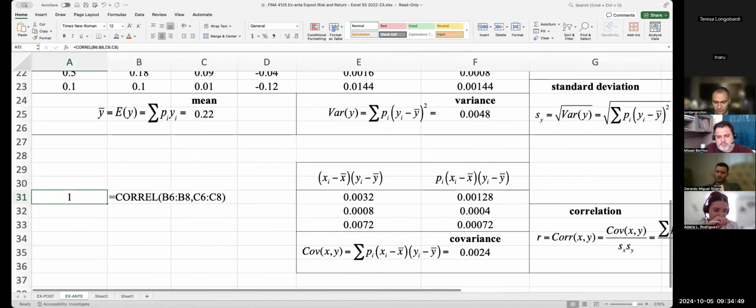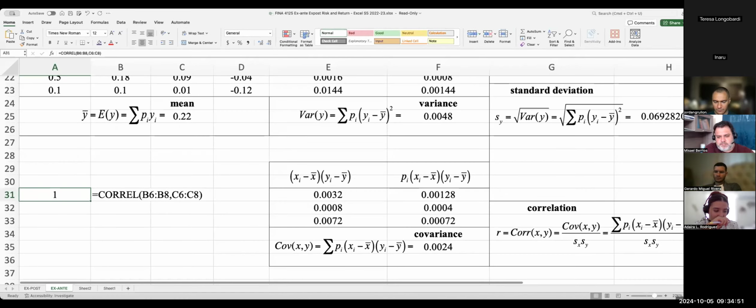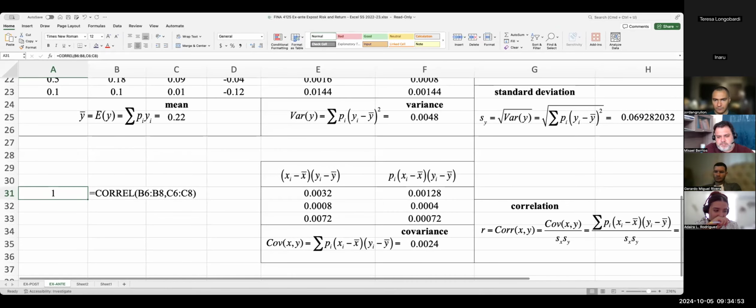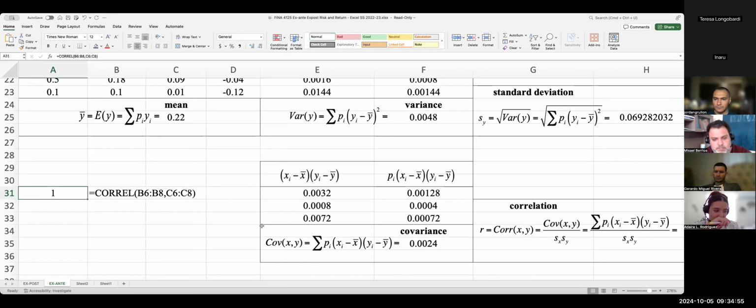I'm calling them parameters because with ex ante data, we call these parameters. So we can get from here, we have the correlation and we can get the slope and the intercept.